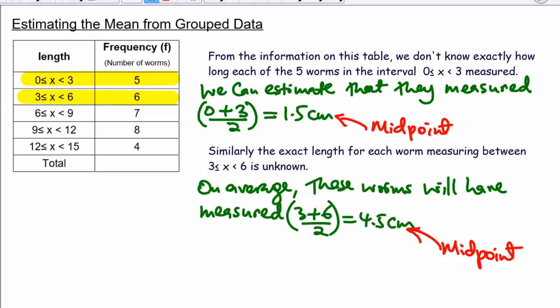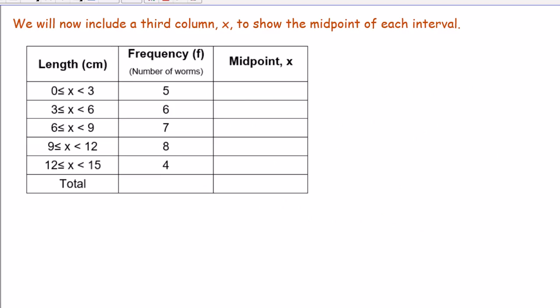So what we can do is include a third column, x, to show the midpoint of each class interval. So 0 plus 3 divided by 2 will have 1.5. 3 plus 6 divided by 2, we have 4.5. 6 plus 9 divided by 2, we have 7.5.